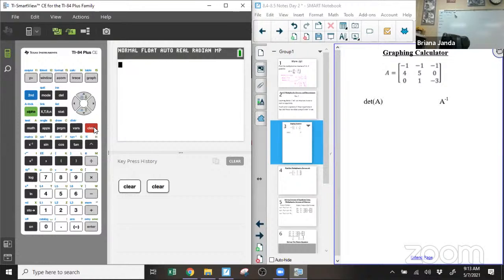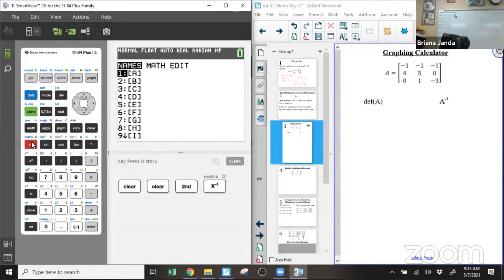Your matrix button is going to be on the left-hand side, right above where it says x raised to the -1, underneath the math button. And notice it's in the little writing above, so you're going to have to hit your second key. So again, to access anything matrix-wise, you have to hit second and then the matrix button.